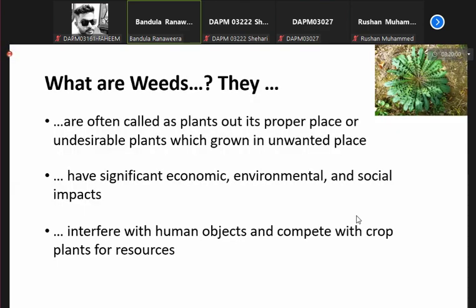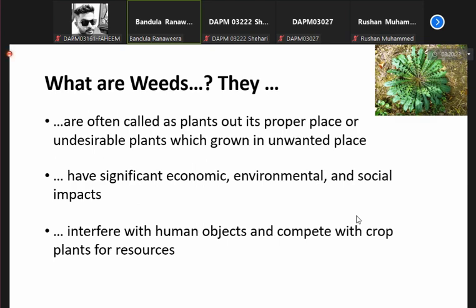So what are the weed plants? Normally, we name a plant as a weed when it is grown out of its normal or proper place, or the plants that are undesirable because they are grown in an unwanted place.